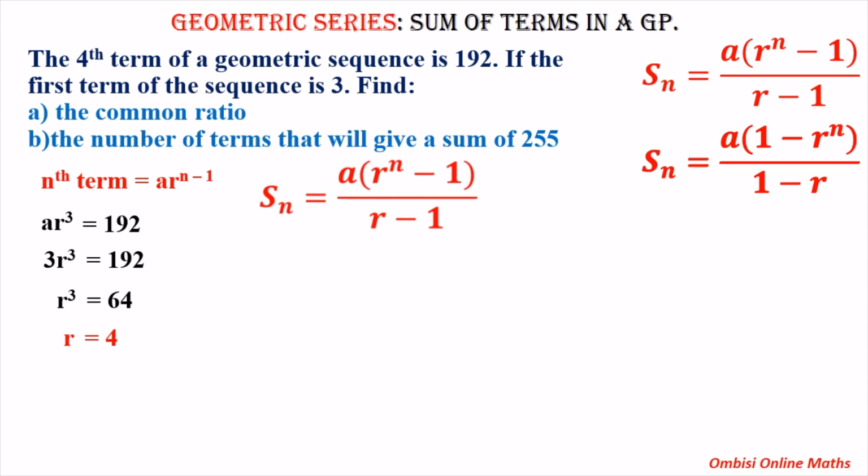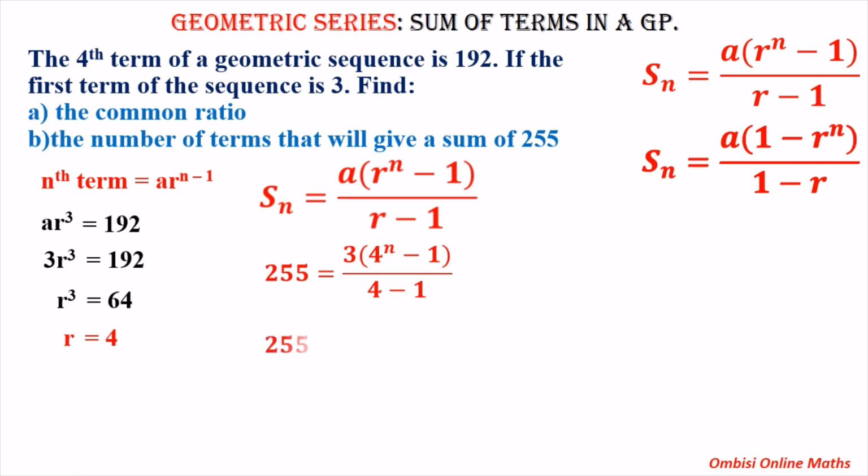So equating the value of a as 3, equating the value of r as 4, we end up with 255, because they have said find the number of terms that will give a sum of 255. So 255, which is the sum, equals 3 into brackets 4 raised to n minus 1, close bracket, over 4 minus 1.